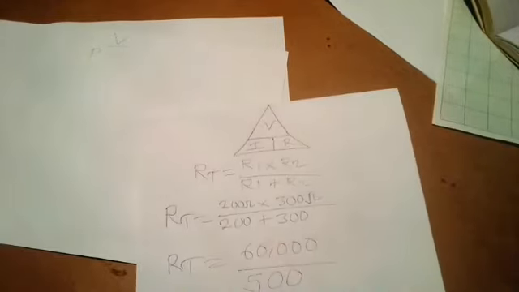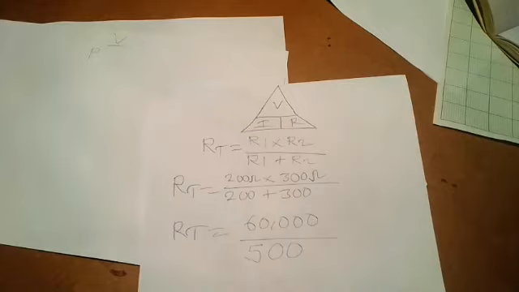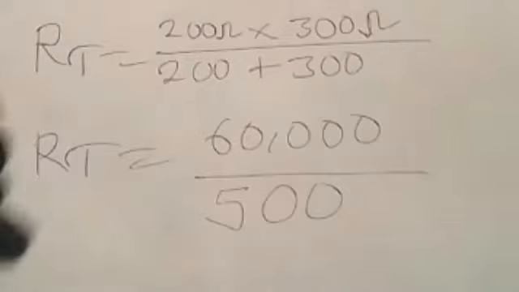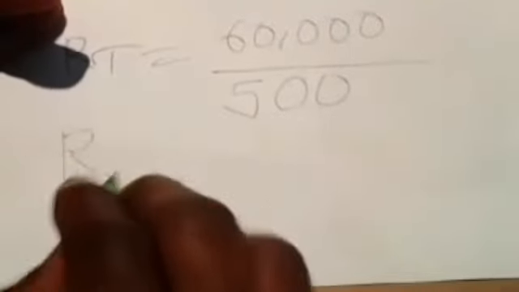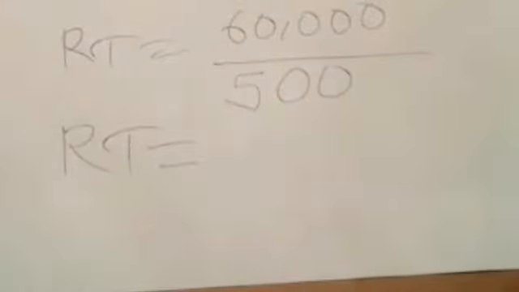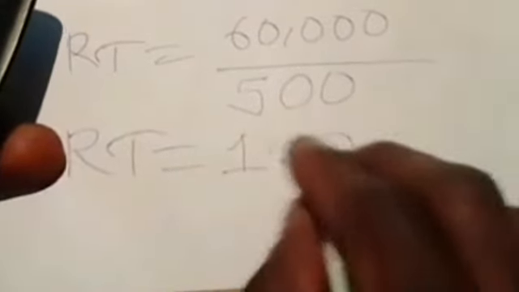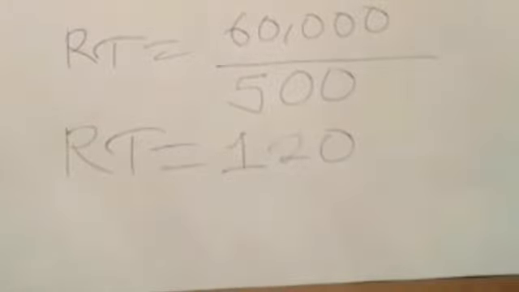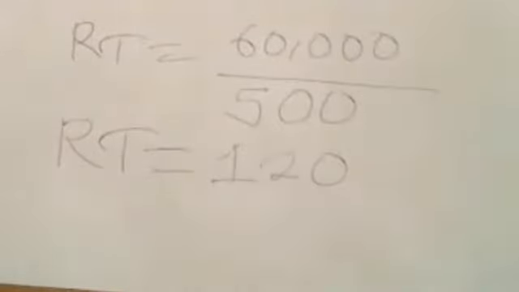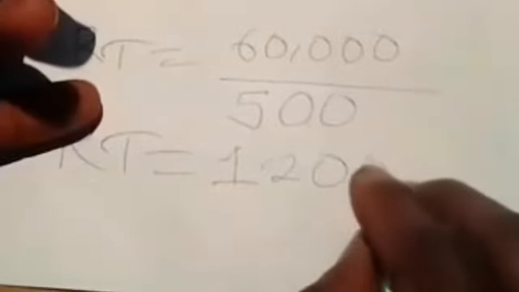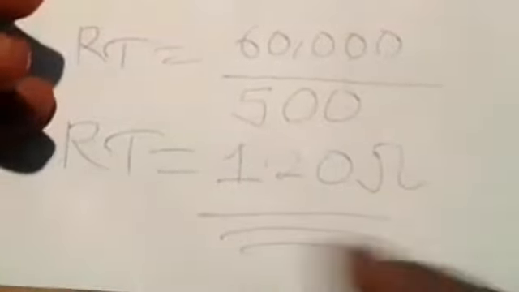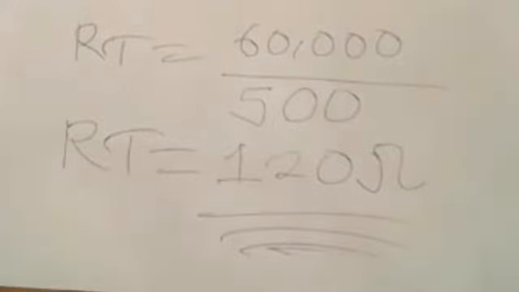So RT equals 60,000 divided by 500, which is 120. The SI unit for resistance is ohms. Then I have found my total resistance.